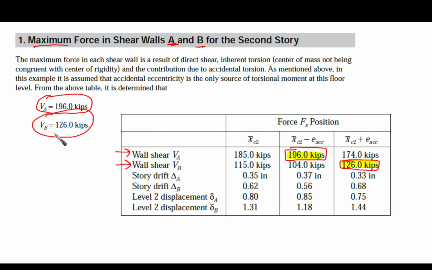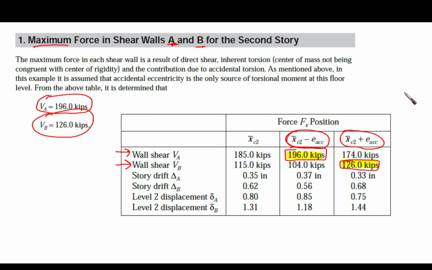Take care here. For shear wall A, the maximum comes from applying the force with minus eccentricity. But for B, it is the result of applying the force plus the eccentricity. And this is logical, right?